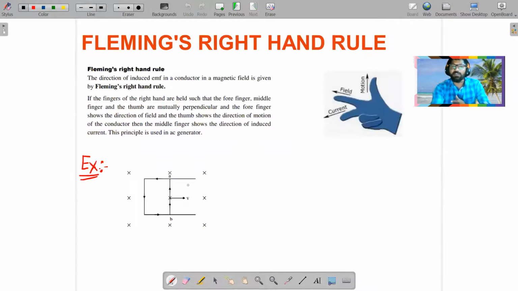Now let us see briefly what is Fleming's right hand rule. Fleming's right hand rule gives the direction of induced EMF and hence induced current.